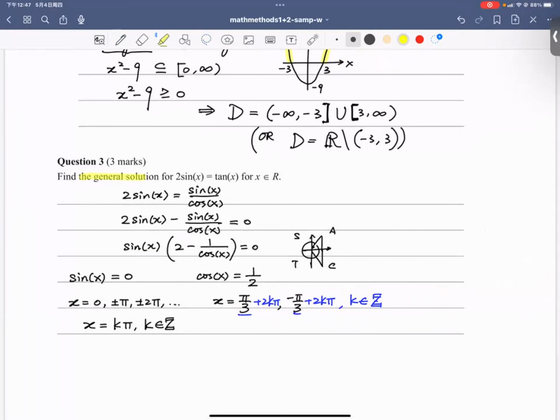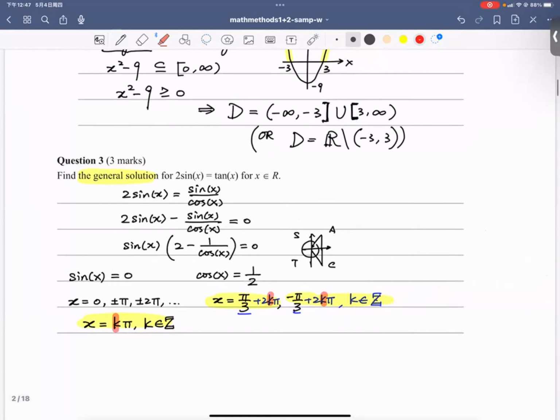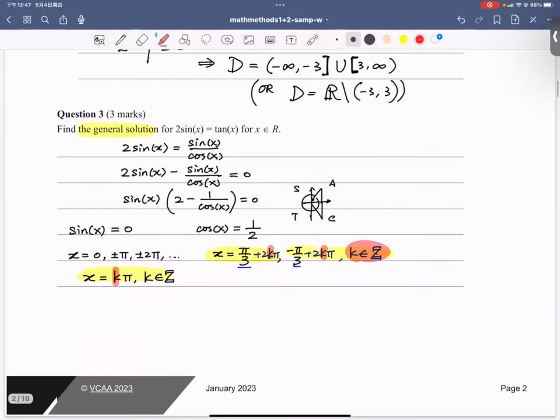That's why the question is asking for the general solution. It has 3 parts, 1 part, 2 part, and 3 parts. And if you introduce the k or n, make sure you mention your categorization correctly. It's an integer, not all real numbers, okay? It's an integer multiple of 2 pi added to the base angle, okay? So that's question 3.